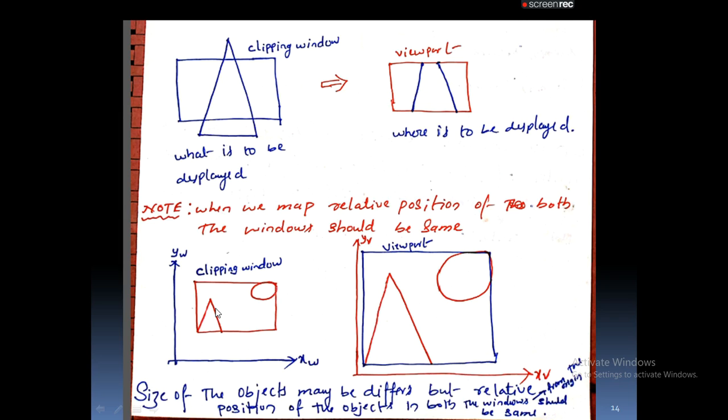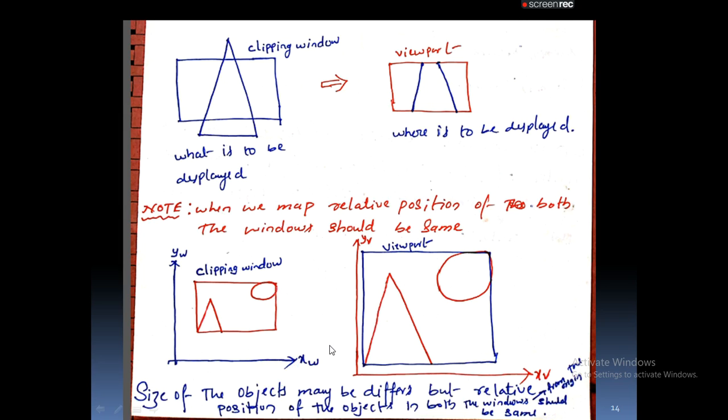It does not depend on the size of the clipping window. It depends on the size of the viewport. If the size of the viewport is larger, we get a larger image on the screen; if it is much smaller than the clipping window, we get a much smaller image.